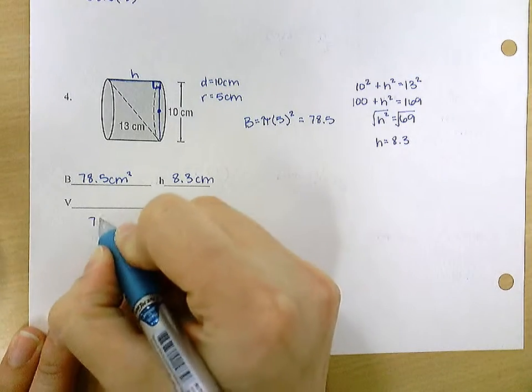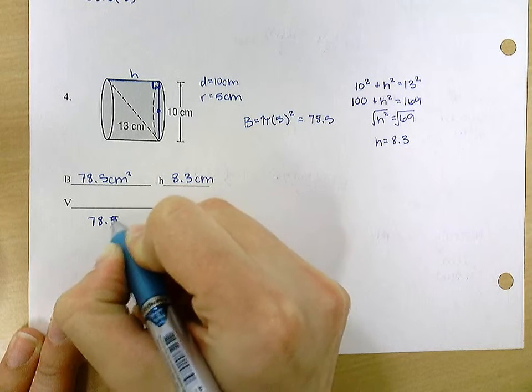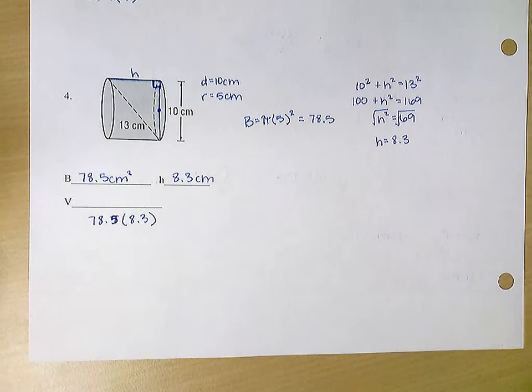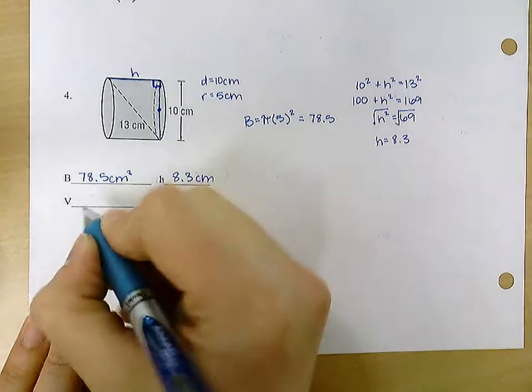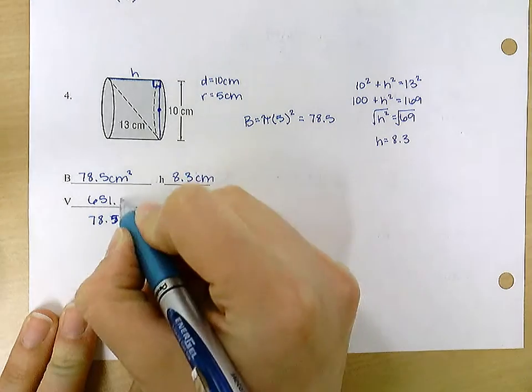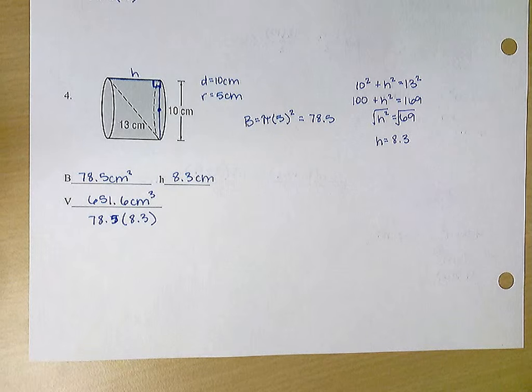So multiply 78.5 times 8.3. So you get 651.6 centimeters cubed.